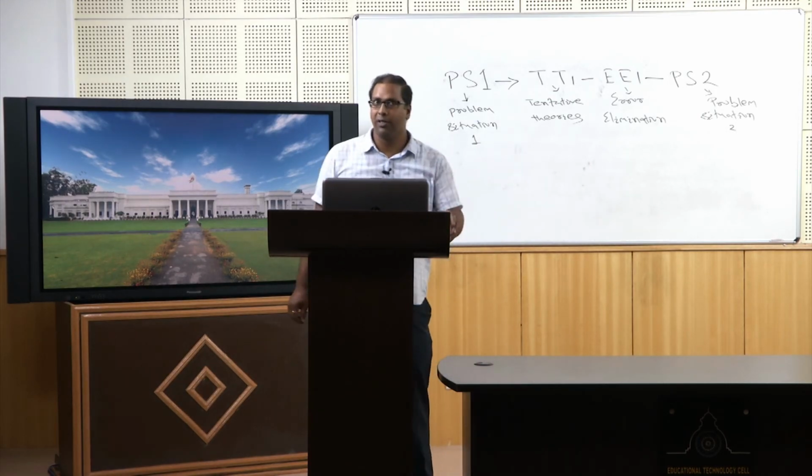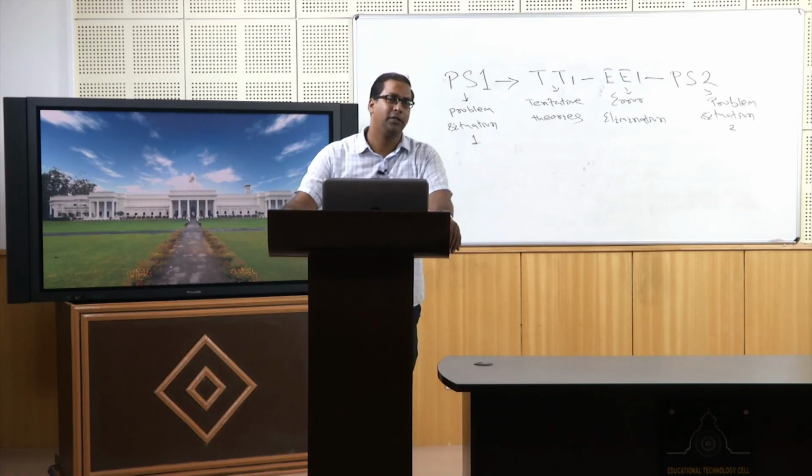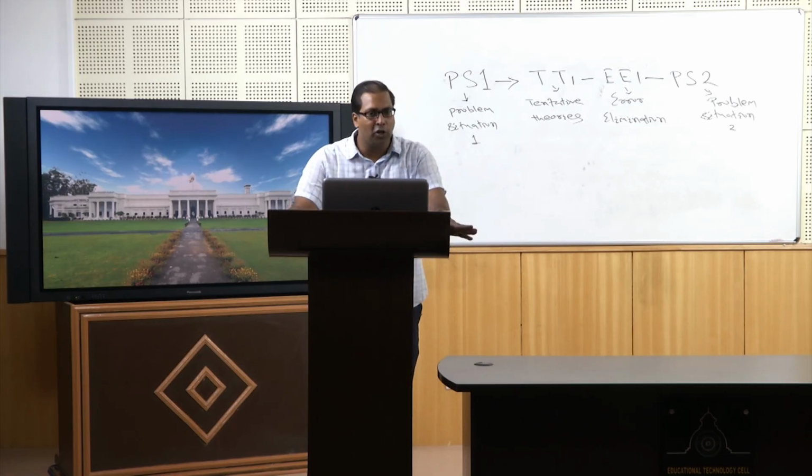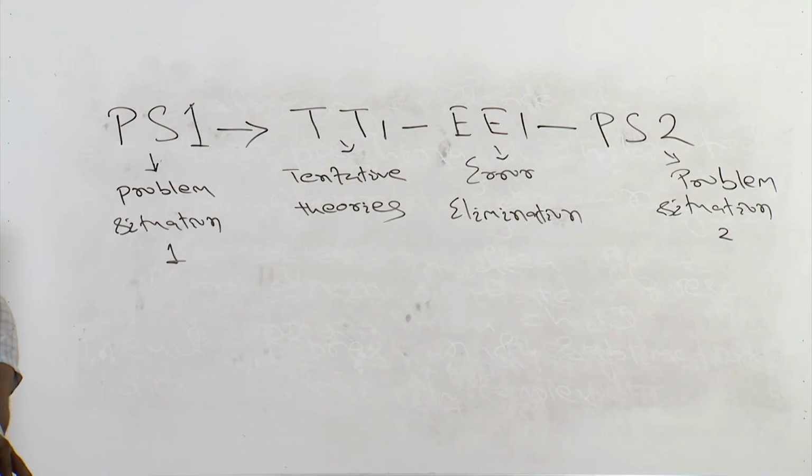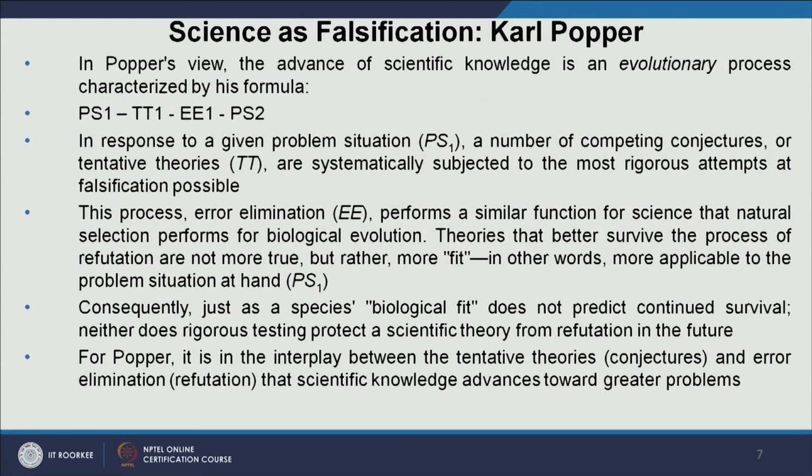But if certain theories survive the falsification, as I told you earlier, it is because they can better survive the process of refutation, but it doesn't mean that they are truer, rather they are fitter, that is more applicable to the problem situation at hand.